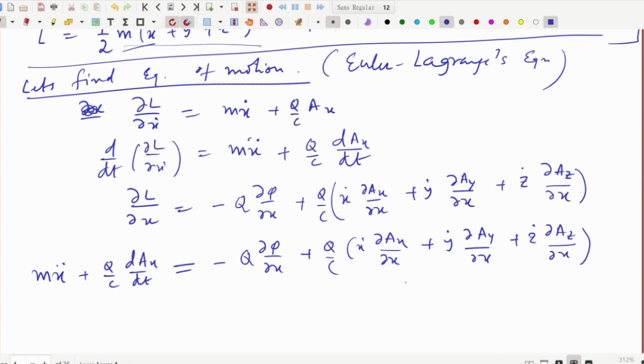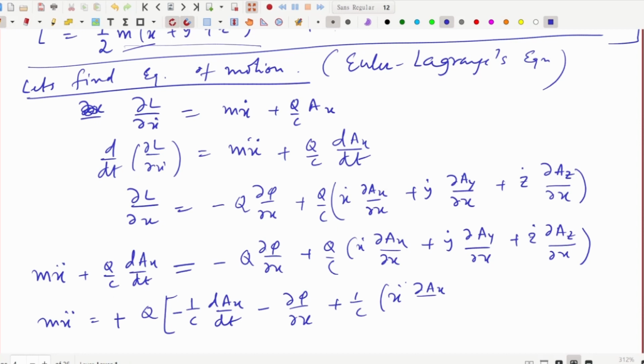So, let me take this term also to the right side. It will be m x double dot equal to minus q, let us take q outside: 1 over c dAx/dt minus ∂φ/∂x, q I have taken outside, then 1 over c (x dot ∂Ax/∂x plus y dot ∂Ay/∂x plus z dot ∂Az/∂x).